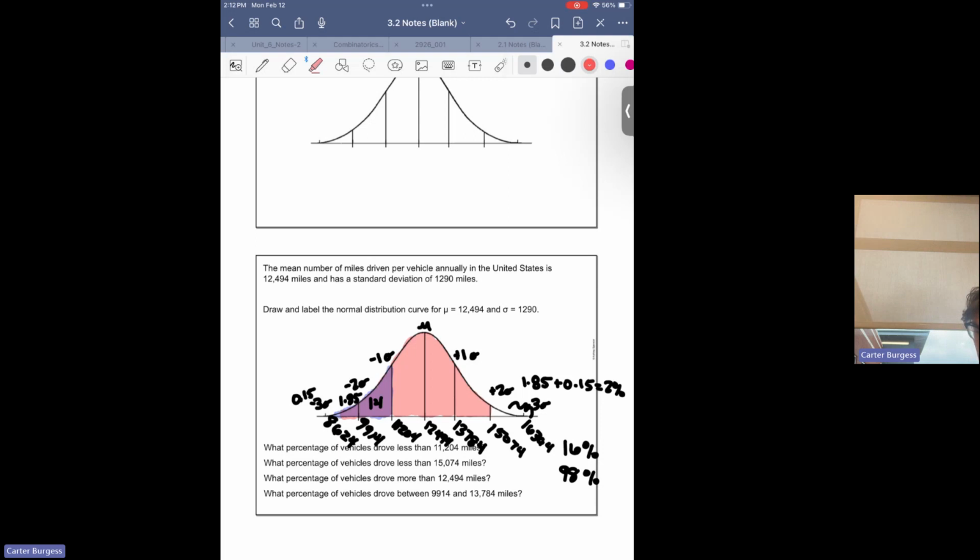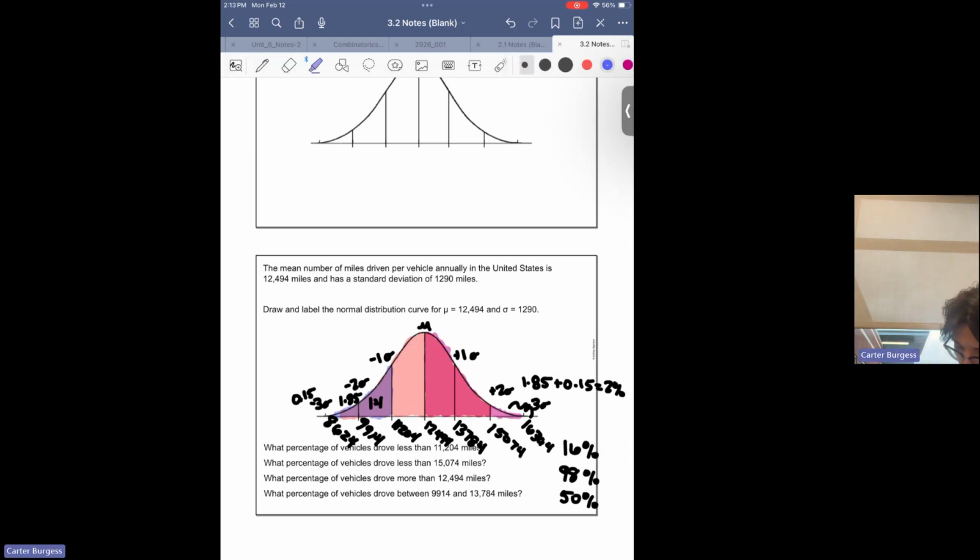What percentage of vehicles drove more than the average? 50%, right? We're just saying everything that's to the right of our curve. Absolutely, 50% should fall to the right there, 50% to the left. And then we're being asked to figure out how much should fall between 9,914 and 1,378.